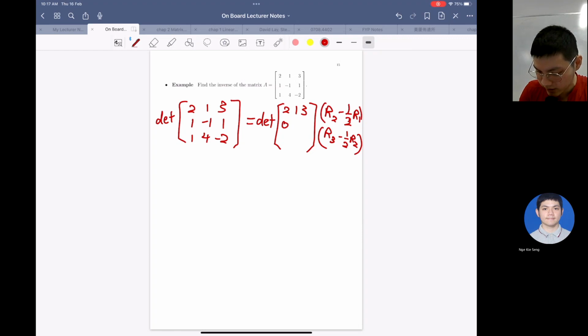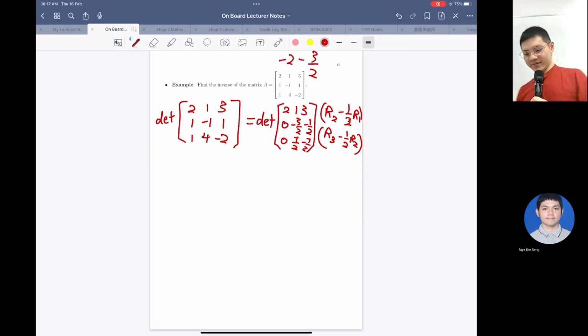I get 0, then -3/2. Let me check if I'm correct. It's minus half. 0. 4 minus half, what do you get? 7/2. -2 minus 3/2, you get -7/2. Yeah, I think that's correct.